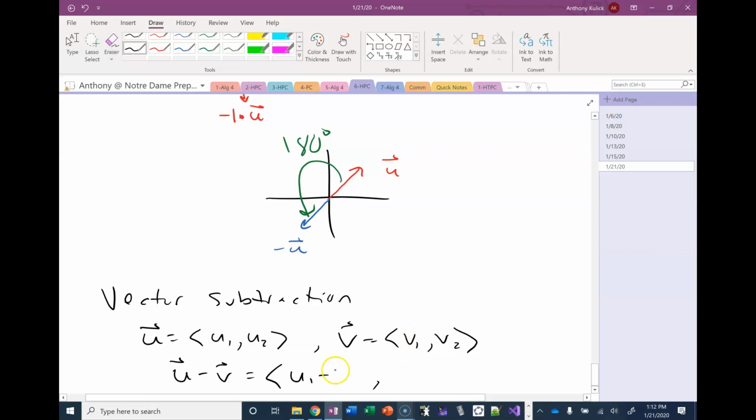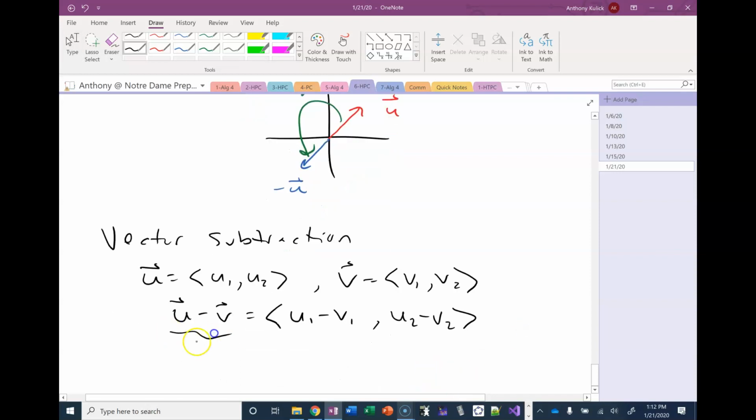Okay. So the difference of vector u and v is just going to be the subtraction of the vector's components, just like vector addition was. Vector u minus vector v is the x component of u minus the x component of vector v, and then the y component of vector u minus the y component of vector v. Works exactly as we'd hope it would, right?